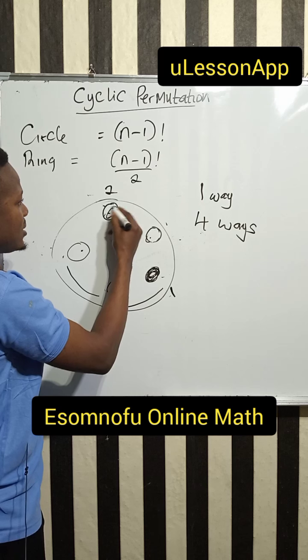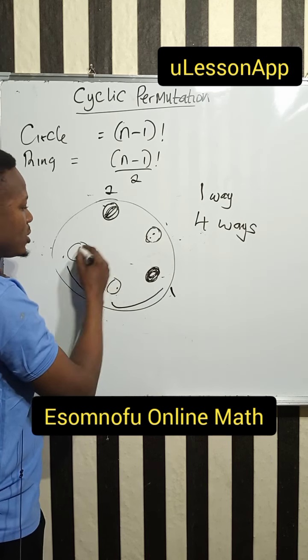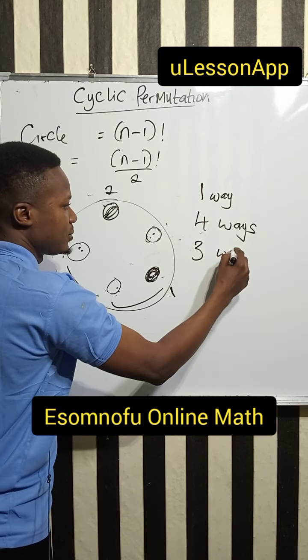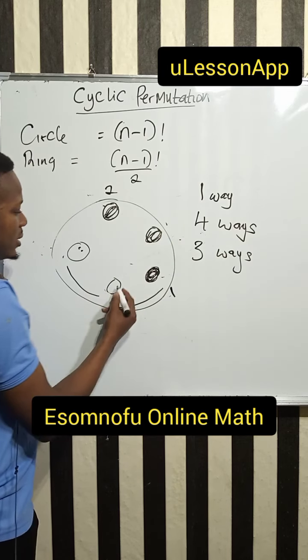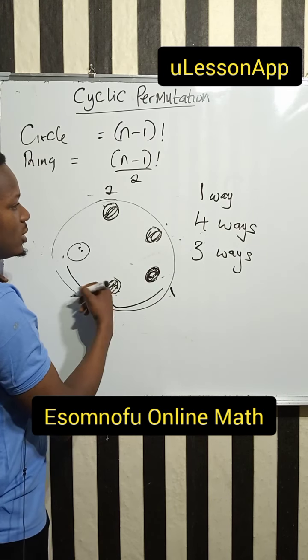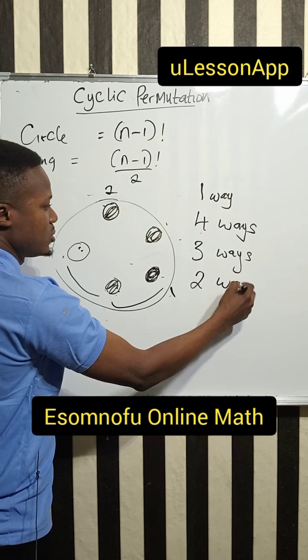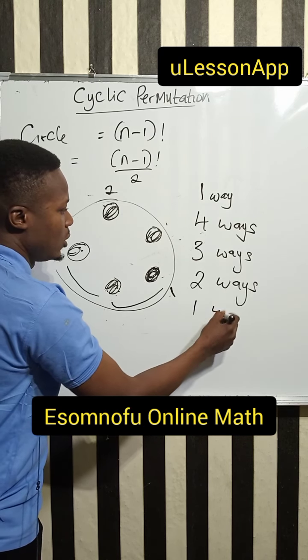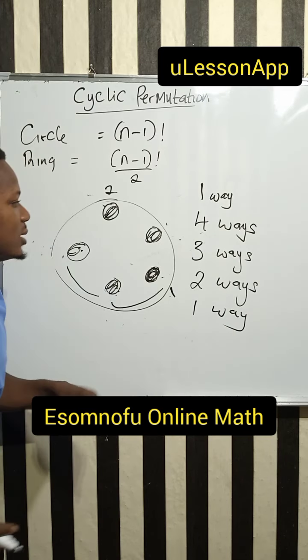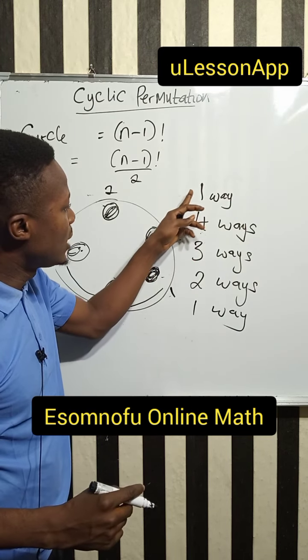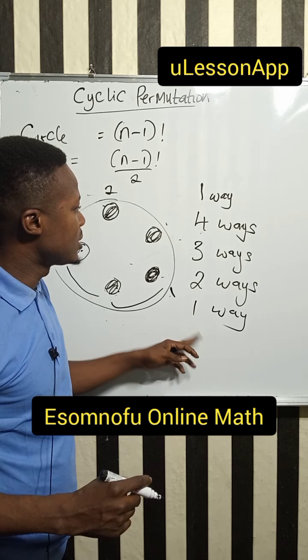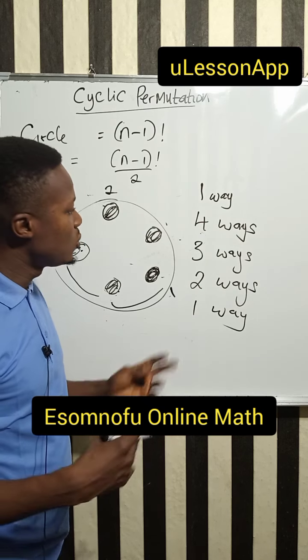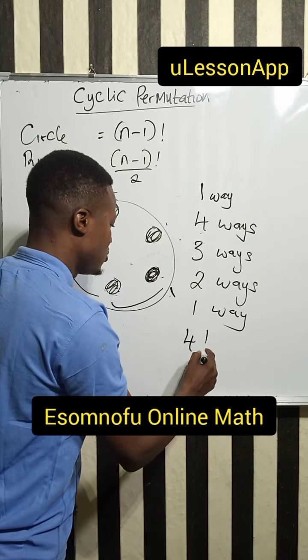If the second person is now seated, the third person will have 1, 2, 3 ways of sitting. The fourth person will have only 2 ways of sitting, because 2 seats are left, while the last person will have only 1 way of sitting. And if you count, this is 1 times 4 times 3 times 2 times 1, which is 24, the same thing as 4 factorial.